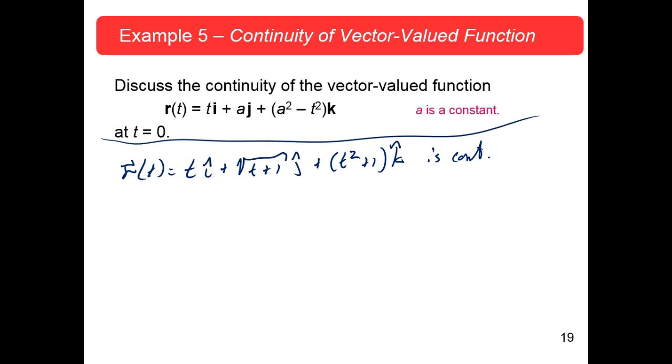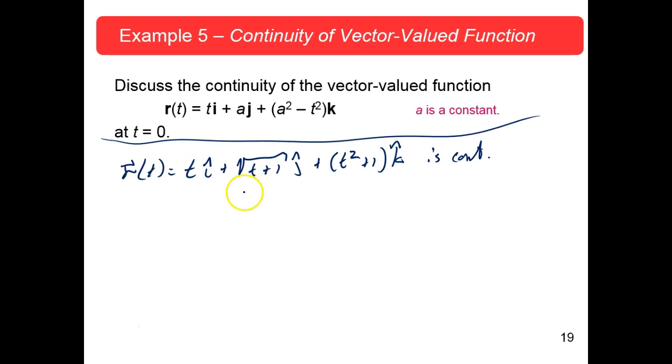Are there any problem children in our mix here? The square root. This is a good old polynomial, good everywhere. This is a good old polynomial, good everywhere. Square root is not good everywhere. What has to be true about it? The argument has to be greater than or equal to 0. It can't be negative.